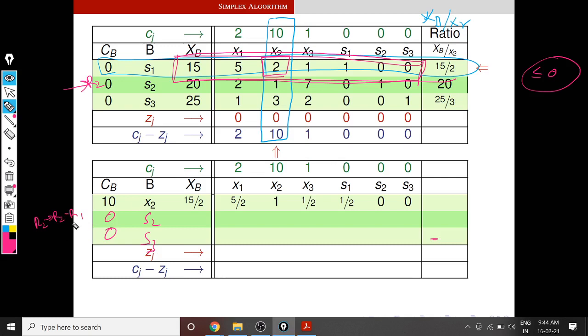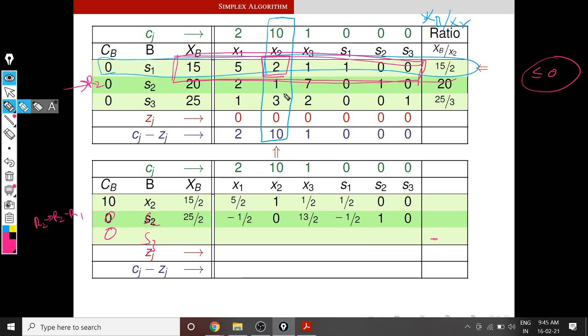If you take R2 minus R1, then this becomes 0 and there are corresponding changes. So this becomes 25 by 2, minus 1 by 2, 0, 13 by 2, minus 1 by 2, 1, 0.